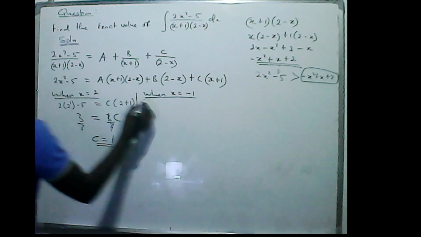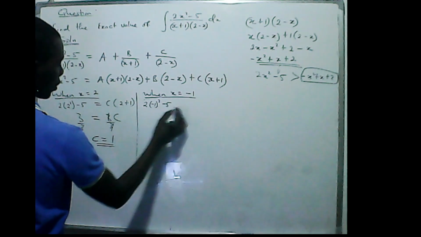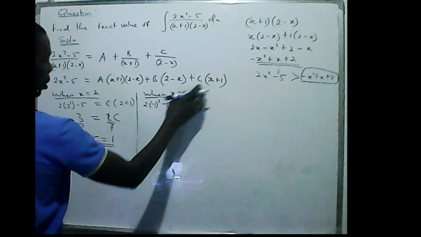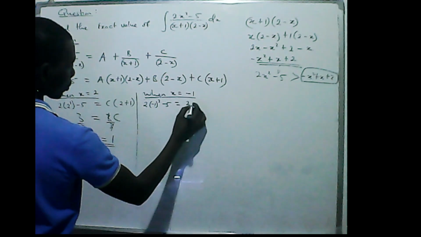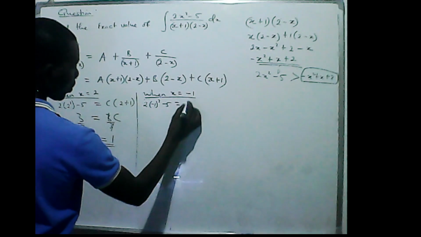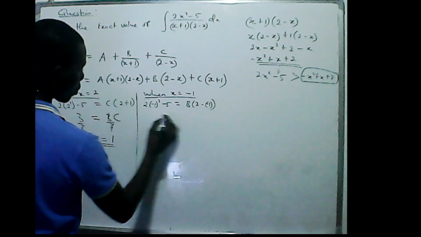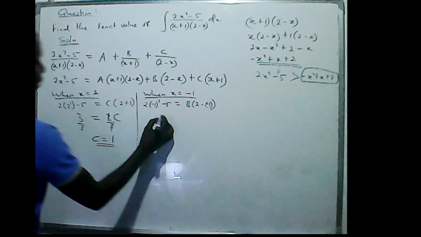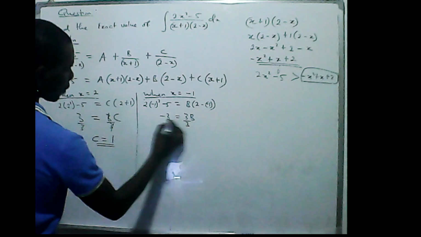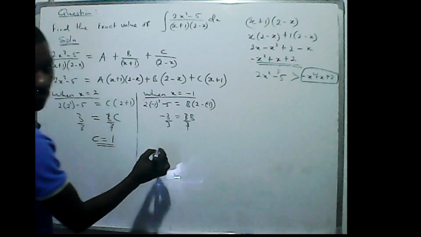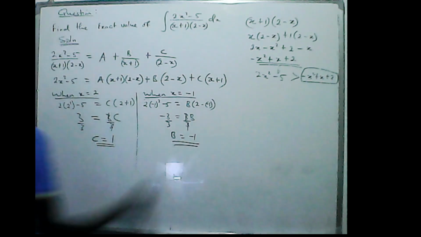So we have 2 times negative 1 squared minus 5 equals b times 2 minus minus 1, that's 2 minus 5, which is negative 3, equals 3b. Divided by 3 here, we get b equals negative 1, right?